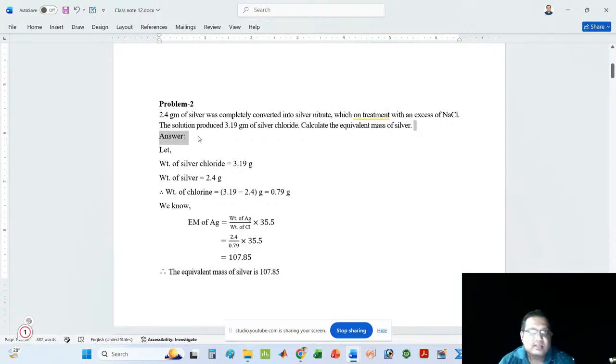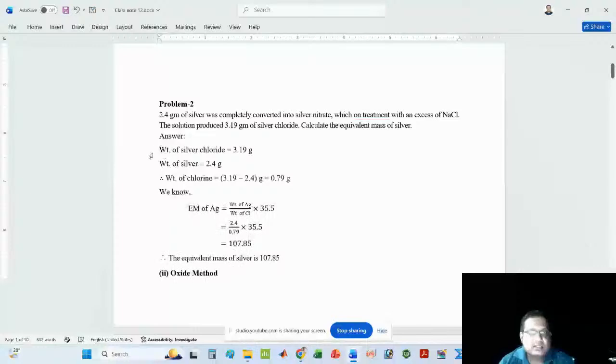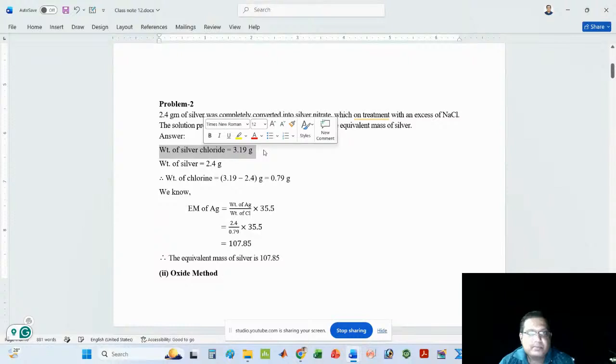Look at that. Here, the weight of metal, that is silver, is taken as 2.4 gram, and the weight of silver chloride is 3.19 gram. Here I can write the given data. Weight of silver chloride is equal to 3.19 gram.